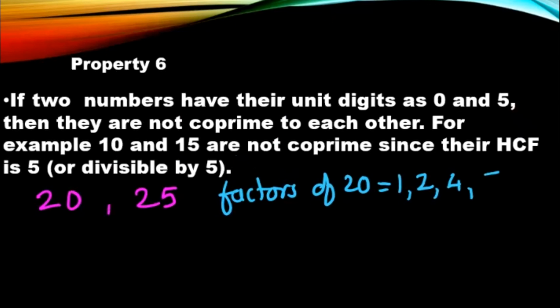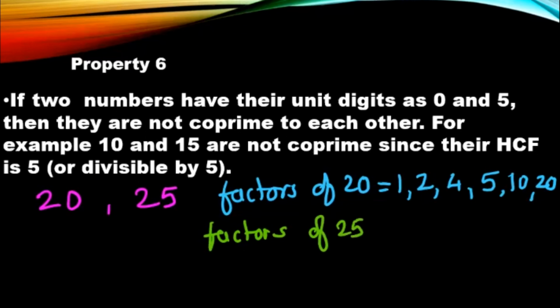And to check whether they are co-prime or not co-prime numbers, we have to consider the factors of 20. Here 20 is a composite number, that's why the factors are 1, 2, 4, 5, 10 and 20. Now let us consider the factors of 25, that is 1, 5 and 25.